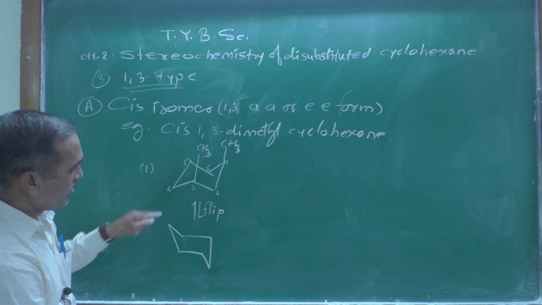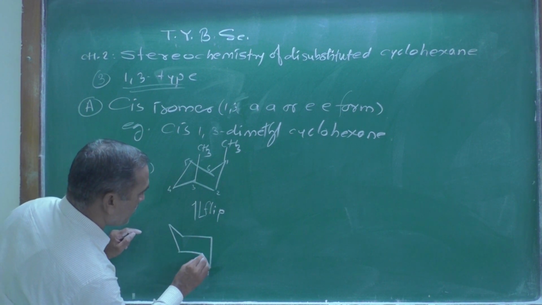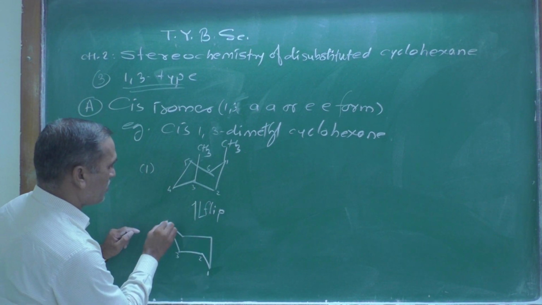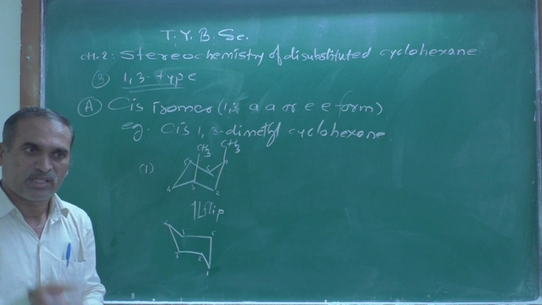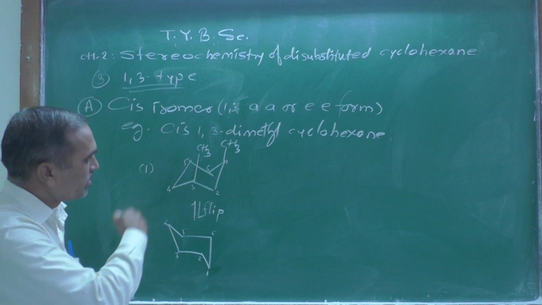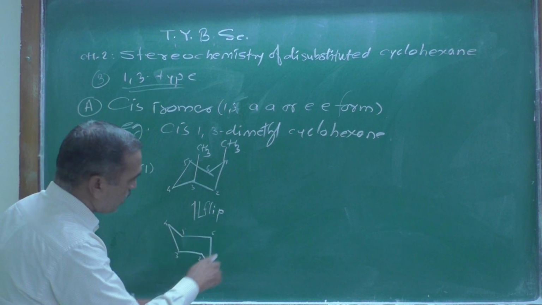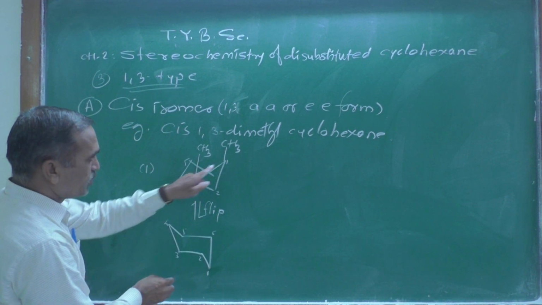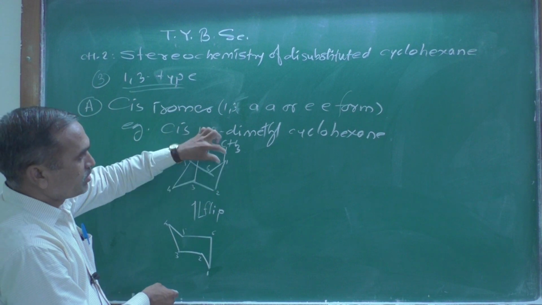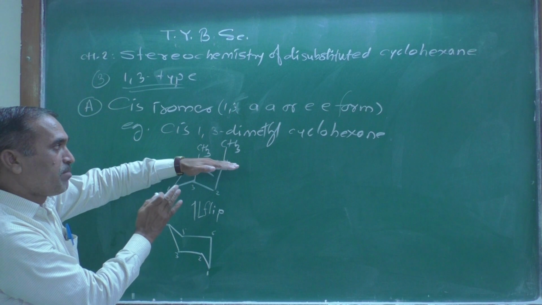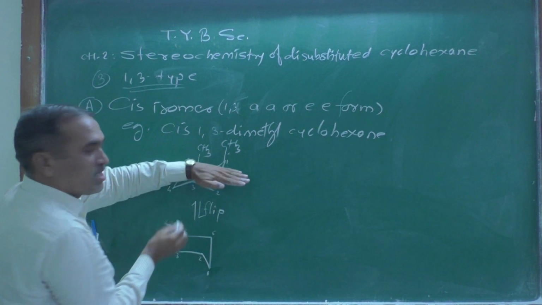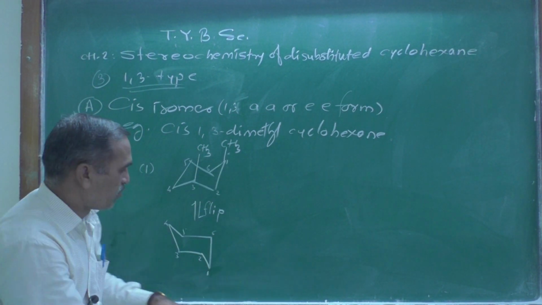Now this is carbon number 1, carbon number 2, carbon number 3, 4, 5 and 6, right? We are following the same numbering system here, in a clockwise manner. Now look here, one methyl group which is above the plane remains above the plane, but this axial becomes an equatorial one.